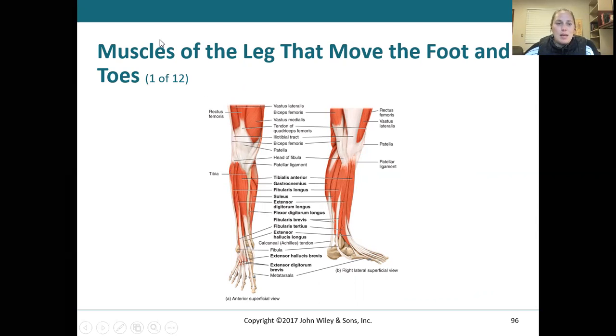So you have your tibialis anterior, the gastrocnemius, the fibularis longus, the soleus, the extensor digitorum longus, the flexor digitorum longus, the fibularis brevis, the fibularis tertius, and the extensor hallucis longus. And then you can also see the extensor hallucis brevis and extensor digitorum brevis as well. You're checking out all of these muscles in relation to the tibia, the fibula, as well as all of the tarsals and metatarsals.